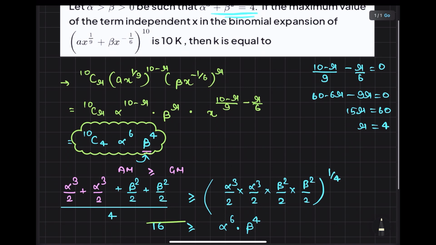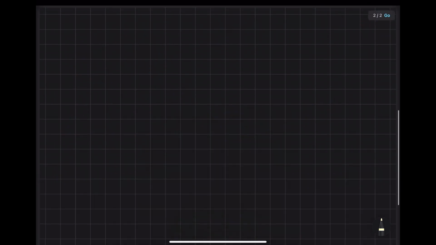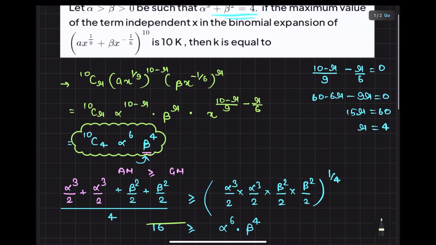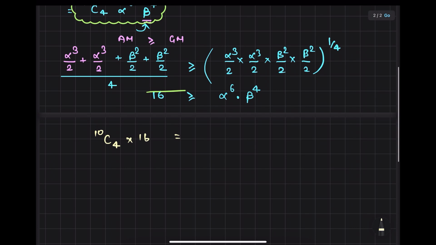So according to us, the maximum value will be 10C4 into 16. Correct? But according to them, what is the maximum thing? The maximum thing is 10k, and here 10k doesn't mean 10,000. It's 10k, that's it.